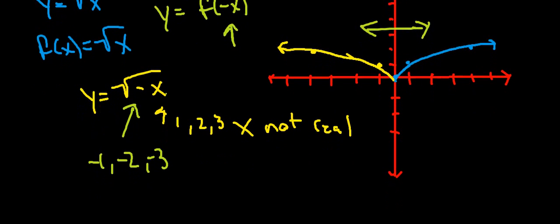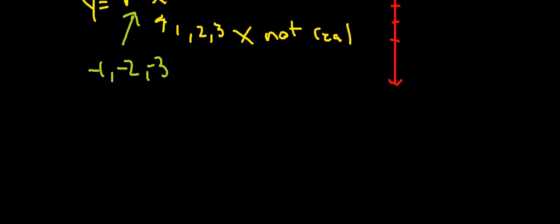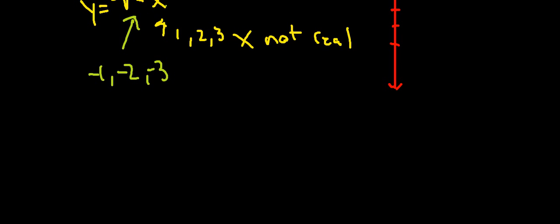So that's all there is to know for reflections. So let's talk about it real quick again. When we have y is equal to minus some function, so a negative times a function outside, this is very much like our compression, except this is a minus.